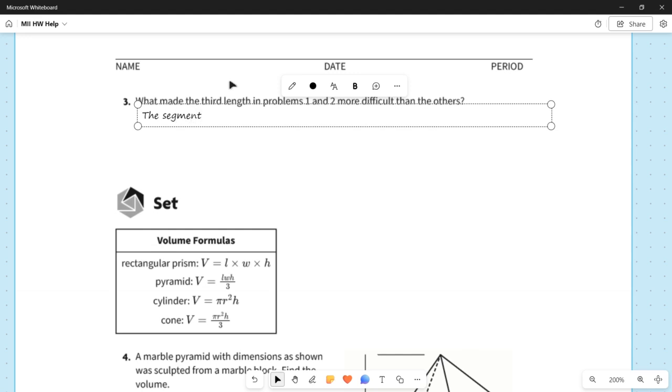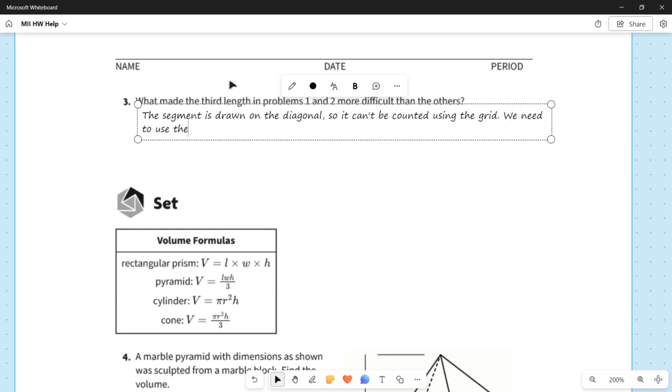The one segment is drawn on the diagonal, so it can't be counted using the grid. All right? So we need to use the Pythagorean theorem for these problems, because you can't just count them, like I said, using the grid.